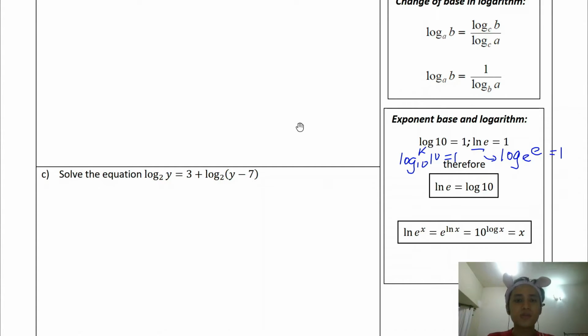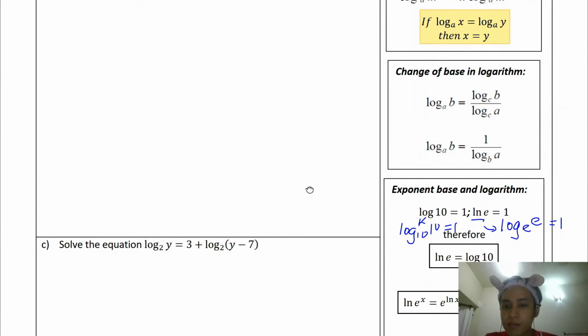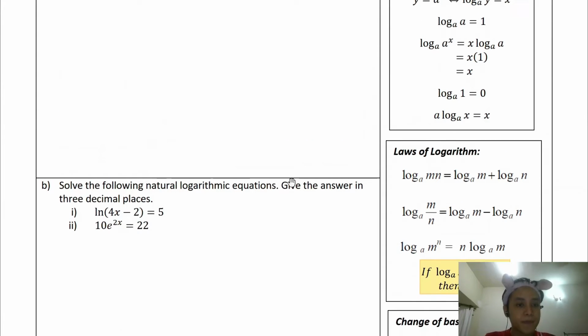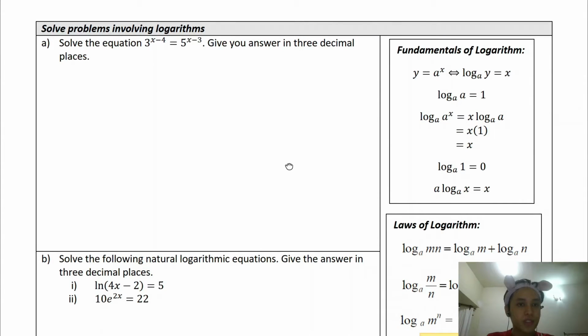Let's look at the examples where we would apply all these things. First question, solve the following equation. Give your answer in 3 decimal places. What we can do is log both sides with the same base.